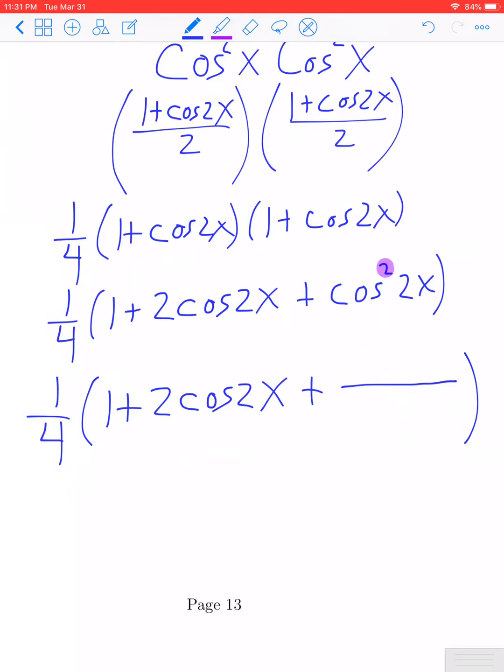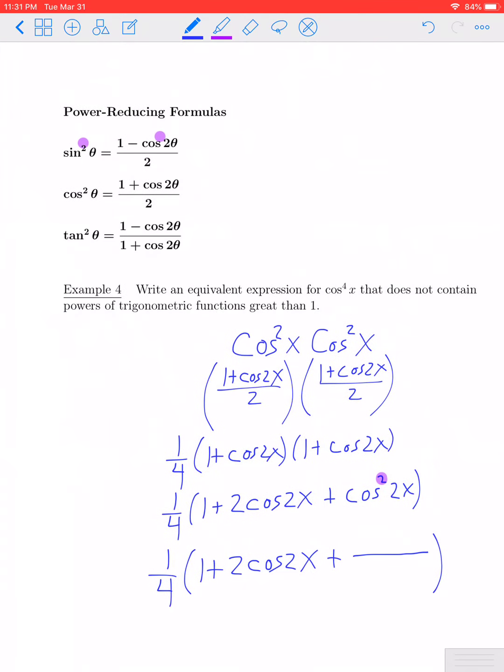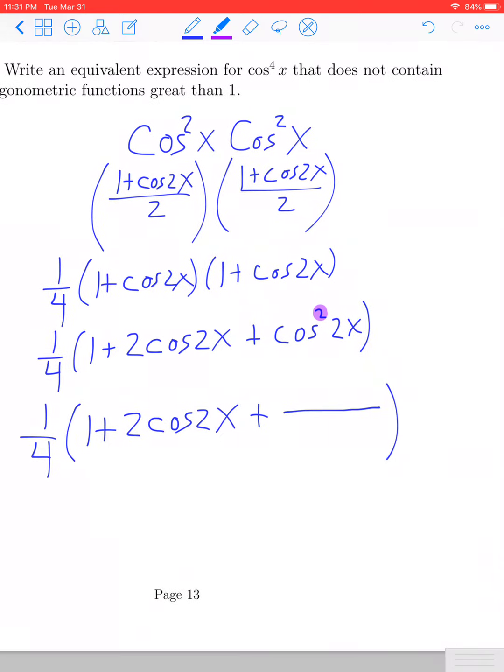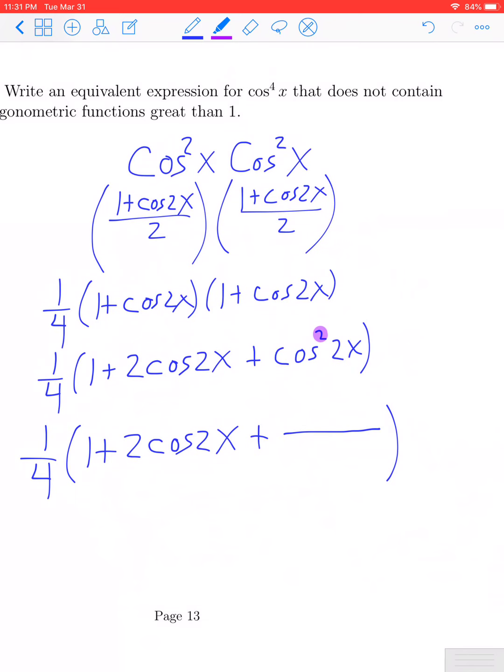When we have the cosine squared of some angle, let's say theta, we get 1 plus the cosine of double that angle, divided by 2. So if I want to replace the cosine squared of 2x, it's going to be 1 plus the cosine of twice 2x, which is 4x, all divided by 2.